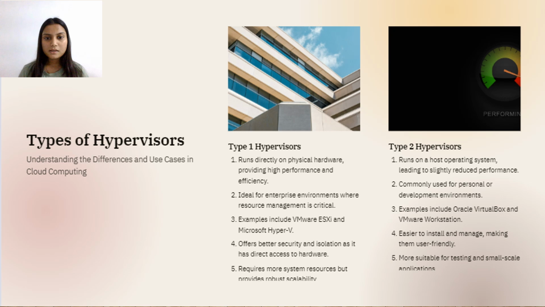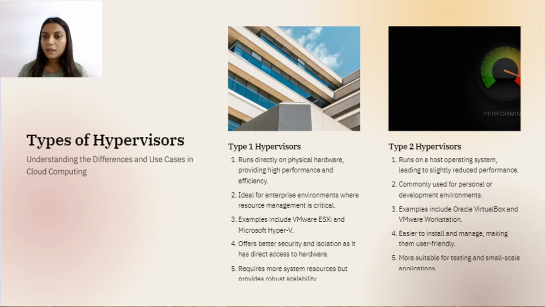Type 1 hypervisors. This type runs directly on physical hardware, providing high performance and efficiency, and it is ideal for enterprise environments where resource management is crucial. Examples like VMware and Microsoft Hyper-V offer better security and isolation as they have direct access to hardware, and they also require more system resources but provide robust scalability.